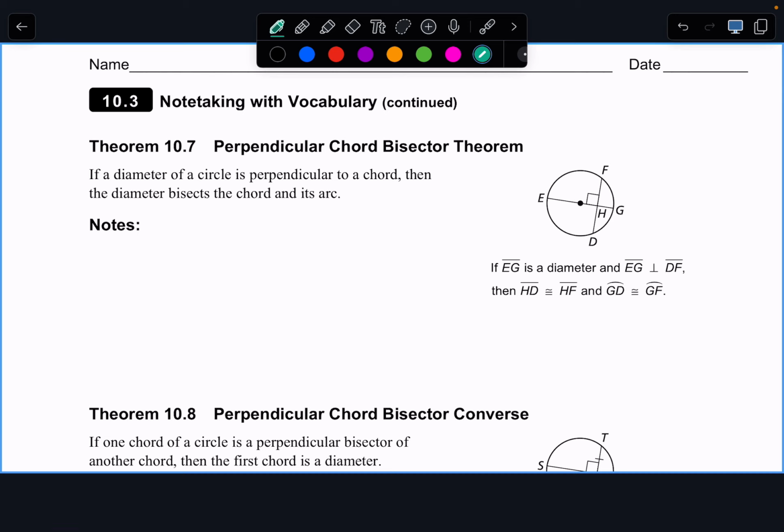This is saying, if you have a diameter and you have a chord that is perpendicular to your diameter, then it is splitting the chord into two equal pieces, and these two arcs are equal pieces.